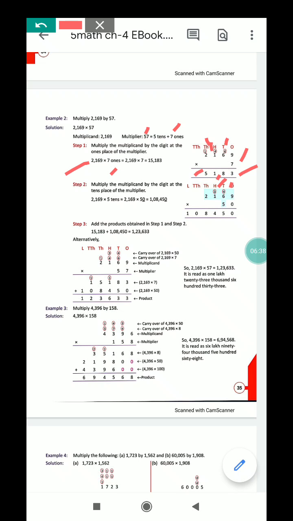So normally we have to do this calculation. That means 2169 into 7 equals 15,183. Now in step 2, what will we do?